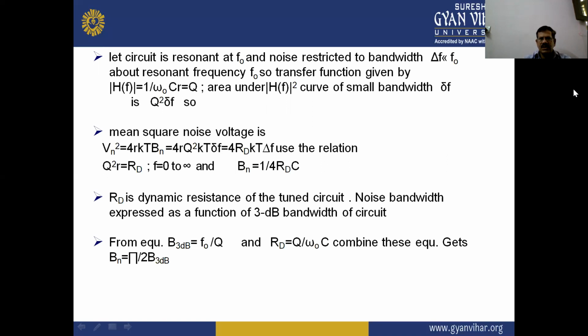The transfer function is given by H(f) equal to 1 upon omega naught, and the area under the |H(f)|^2 curve for a small bandwidth delta F is Q square delta F. So the mean square noise voltage is Vn square equal to 4RkTBn, and Q square R equal to RD, and for frequency from F0 to infinity the noise bandwidth Bn equal to 1 upon 4RDC. RD is the dynamic resistance of the tuned circuit.